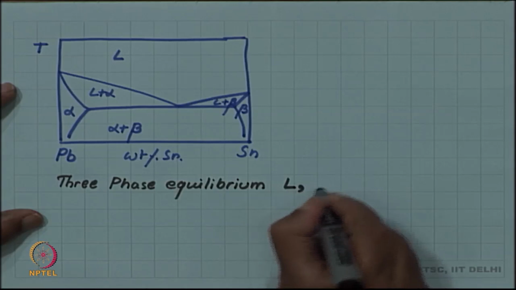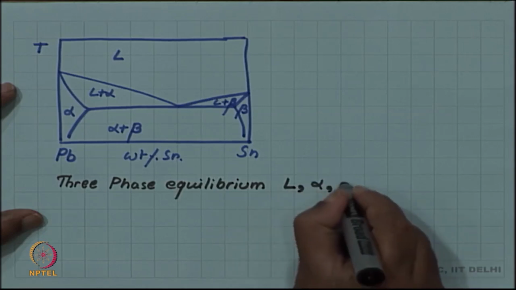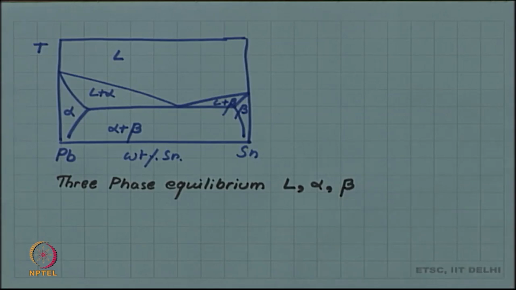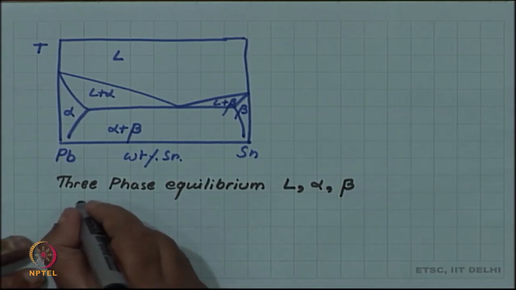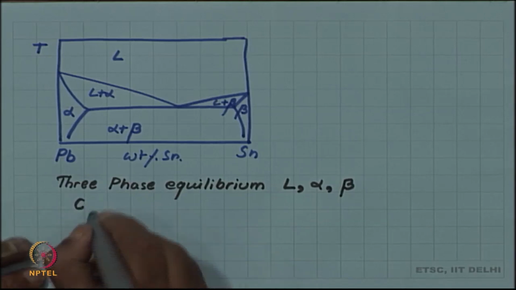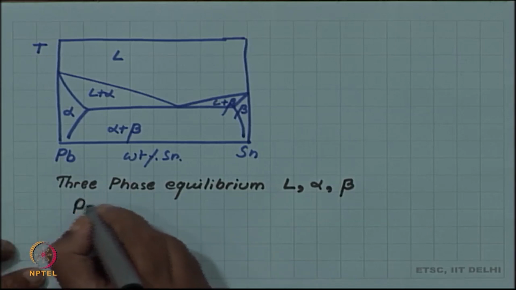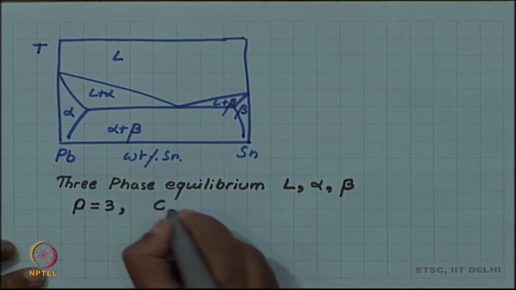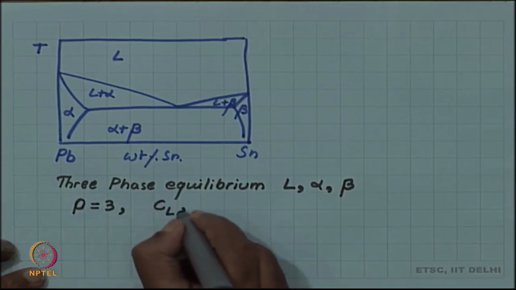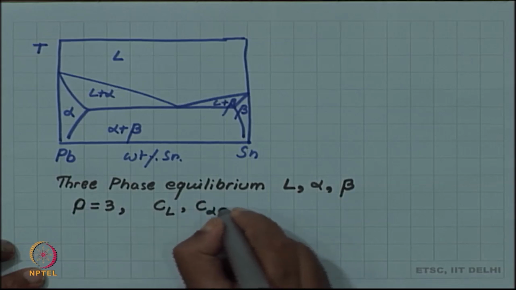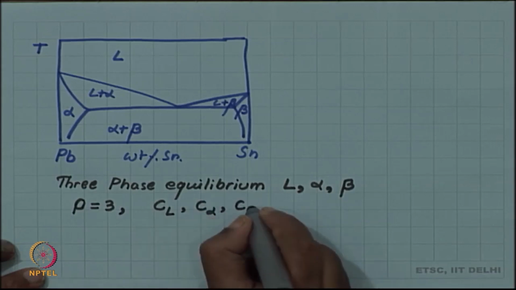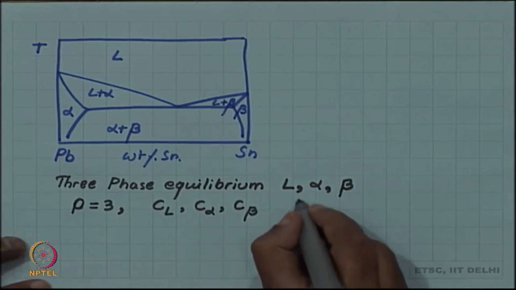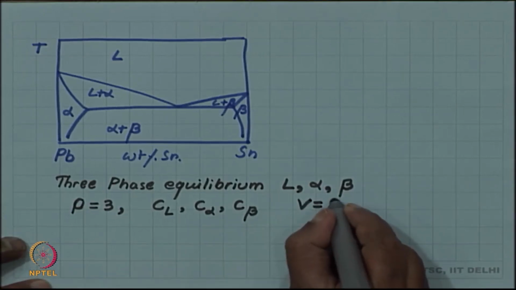Let us insist that we have liquid, alpha, beta, all three phases in equilibrium. Then of course, I have three phases. So, P is equal to 3, and I will have three composition variables, C liquid, C alpha, C beta, and a temperature variable. So, my number of variables has grown to 4.